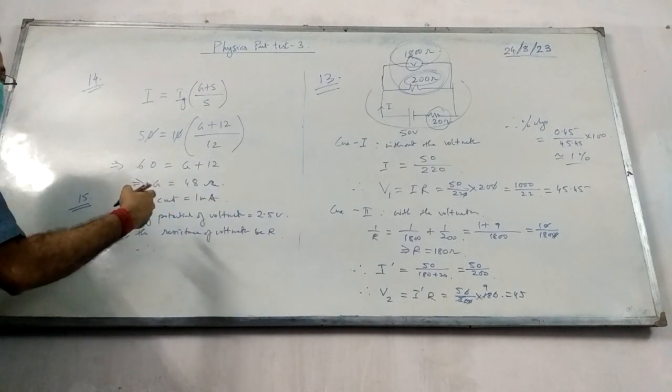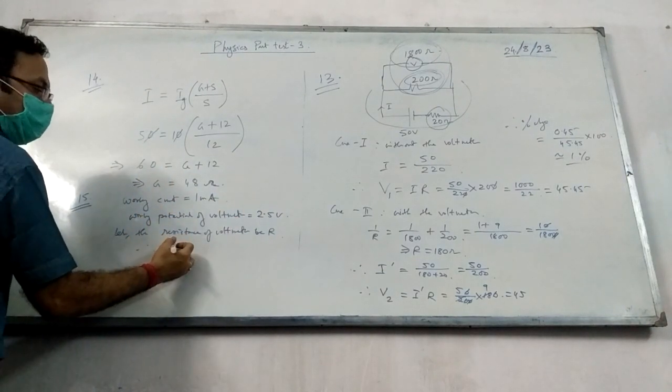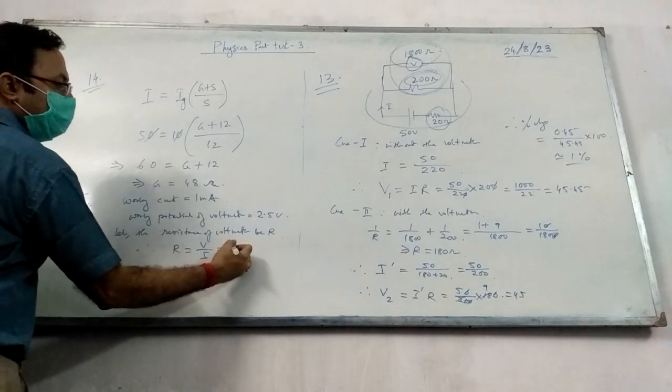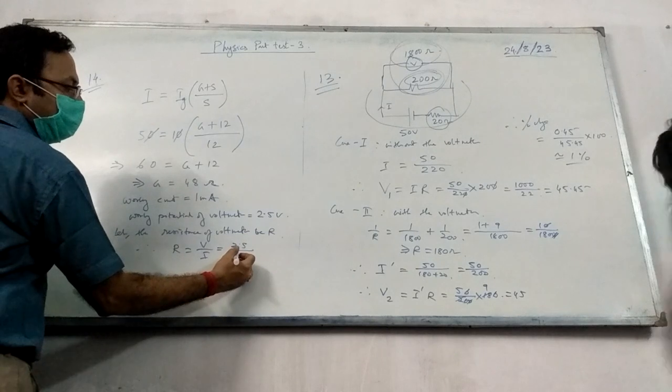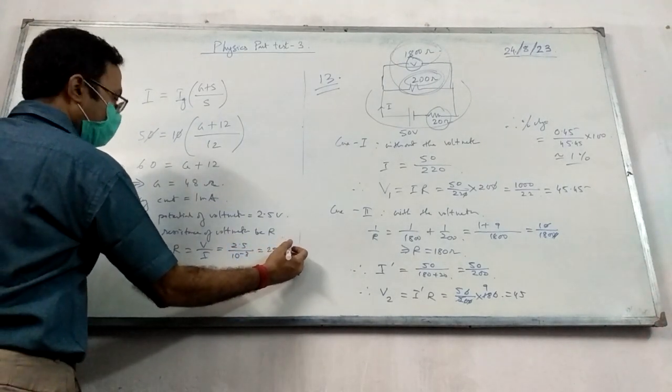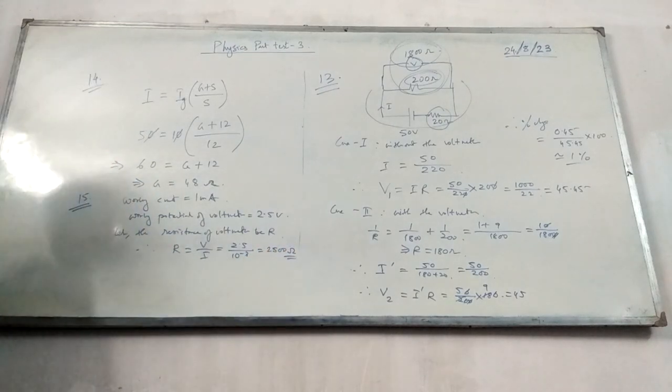So how do you find the resistance of the voltmeter? V equal to IR, so R equal to V by I. V is 2.5, I is 1 milliampere, 10 to the power minus 3. So that is 2500 ohms, right?